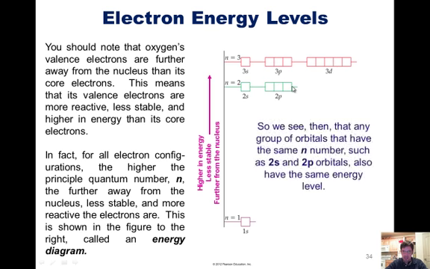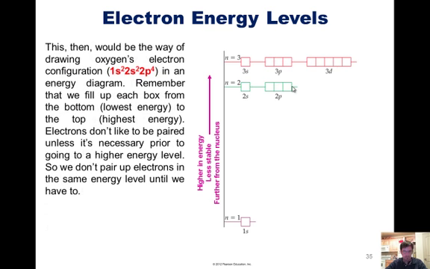We can see then that any group of orbitals that have the same n number, such as 2s and 2p, also have the same energy level. This then would be the way of drawing oxygen's electron configuration, 1s2, 2s2, 2p4, in an energy diagram.